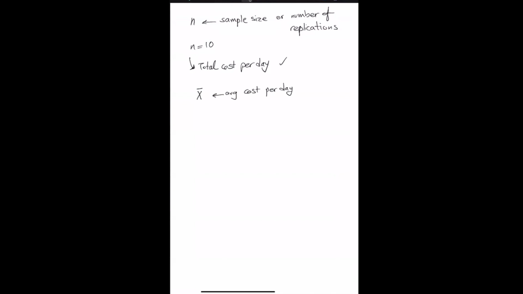And also to get a sense of the variability around this average, we reported the lower bound and upper bound of the confidence interval. Let's assume this is a 95% confidence interval.